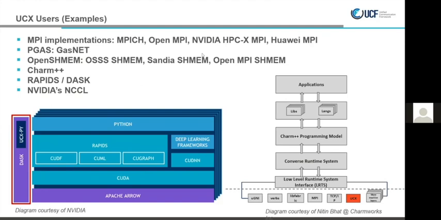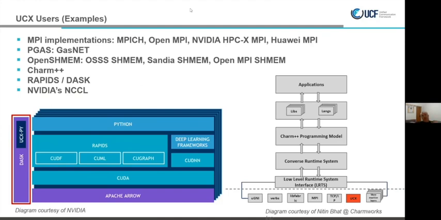So all major MPI libraries include UCX inside, or portions of UCX inside, if that's MPICH or Open MPI. The NVIDIA library, the Huawei library, the Intel MPI library, Open MPI, PGAS, Charm++. Charm++ runs directly on UCX.